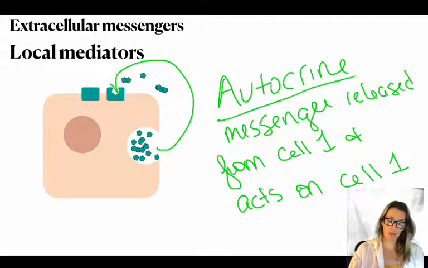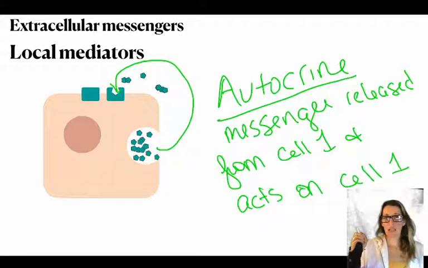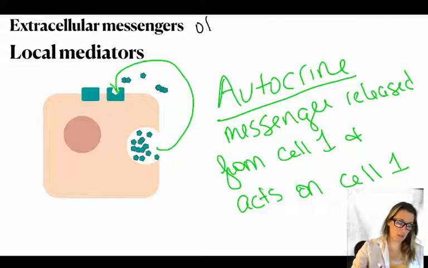This is an autocrine. As you can probably imagine, if a cell is releasing an extracellular messenger out into the environment to act on itself, it very often also acts on nearby cells. So many extracellular messengers are often both paracrine and autocrine.